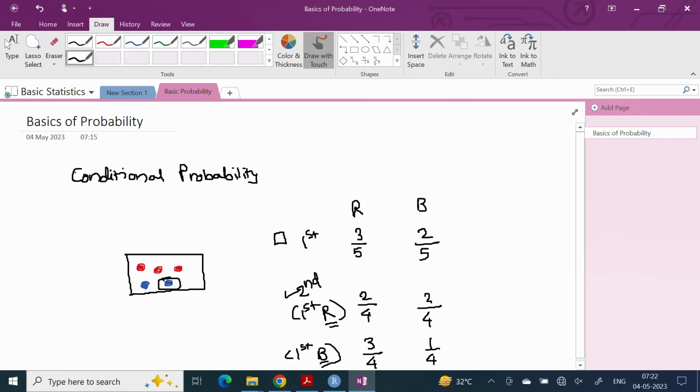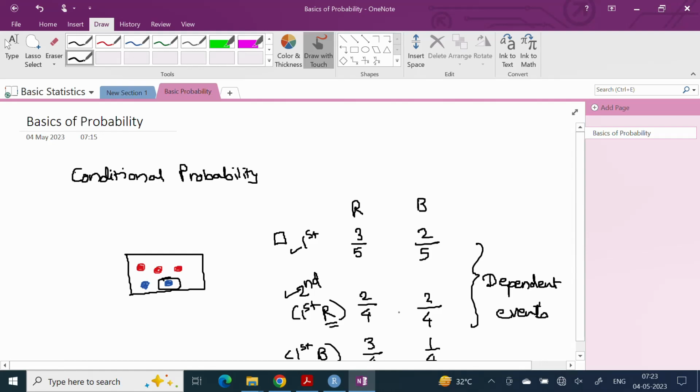So in this sense, the event of picking a ball in the first trial and the event of picking a ball on the second try depend on each other. Such events are known as dependent events. Why do we have to study dependent events separately?